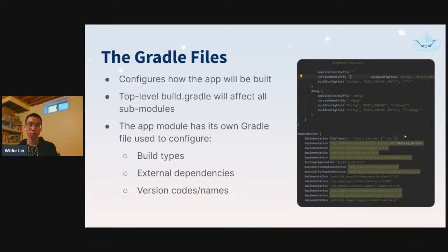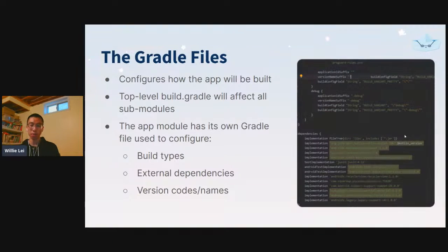Moving on, we also need to talk about Gradle files. So Gradle is what actually builds Android. It is used for package management, and we need two Gradle files. So if you go into Android Studio, I'll do this in a bit, you'll see how there are two build.gradle files. There's the top level Gradle file. So this will impact all submodules.